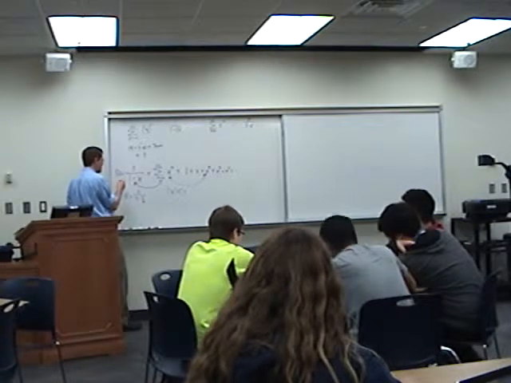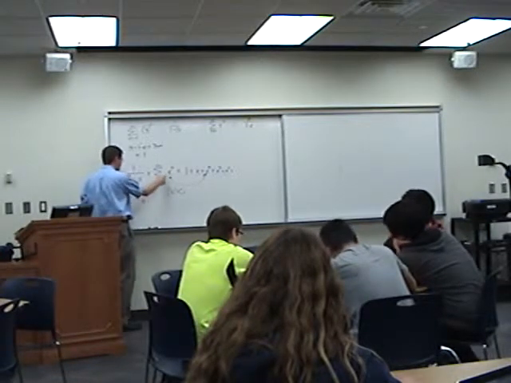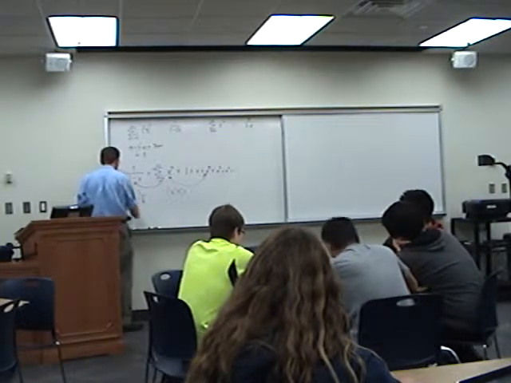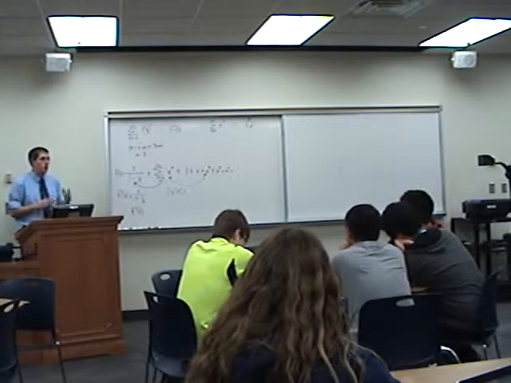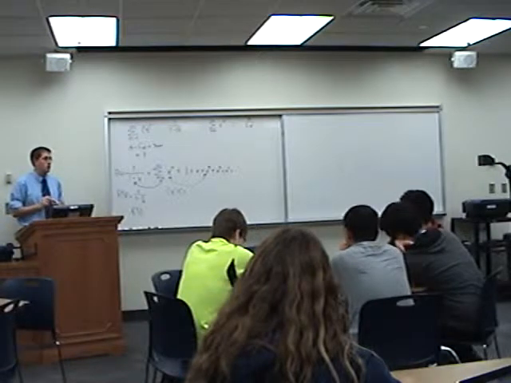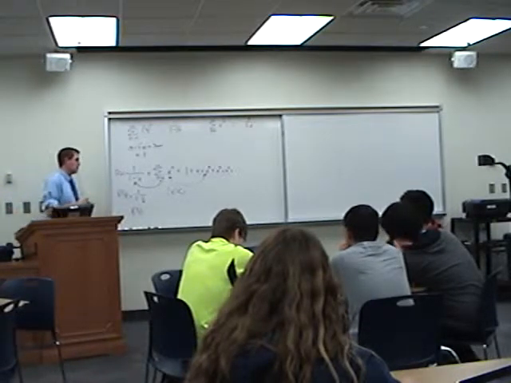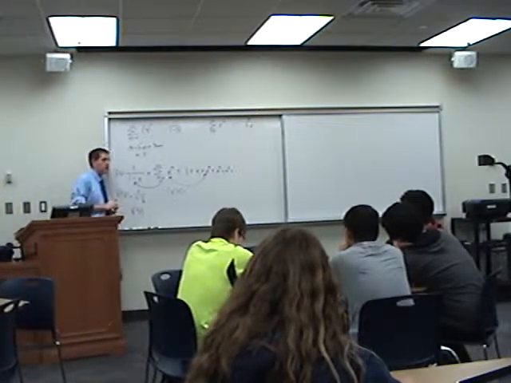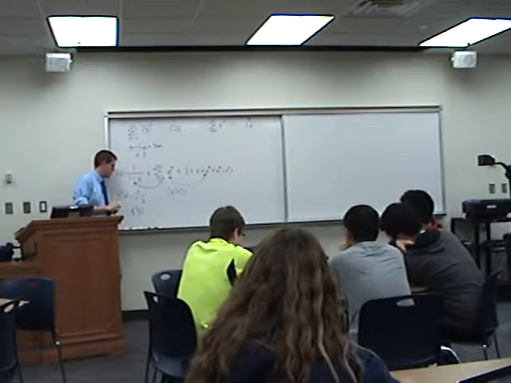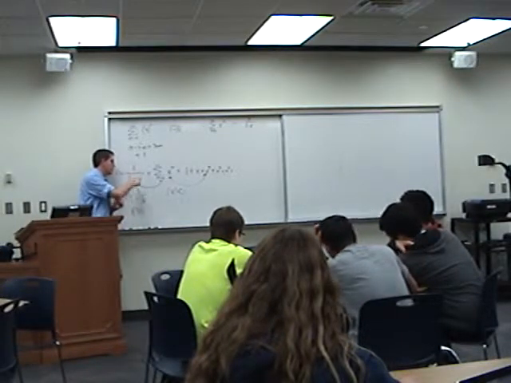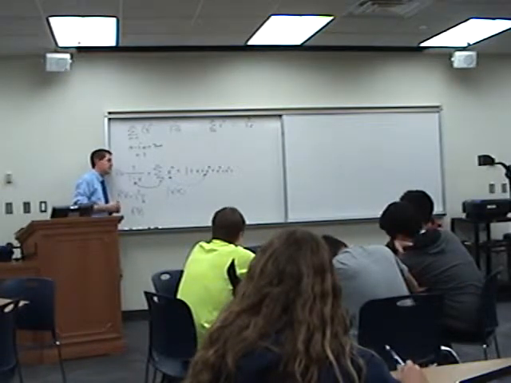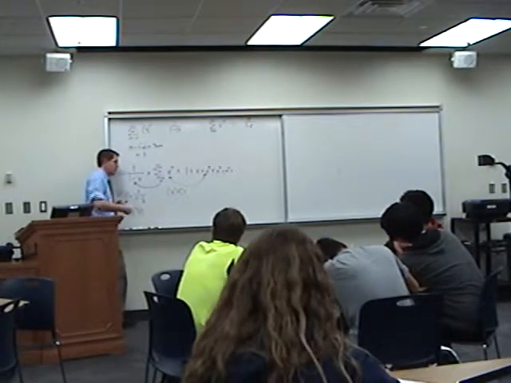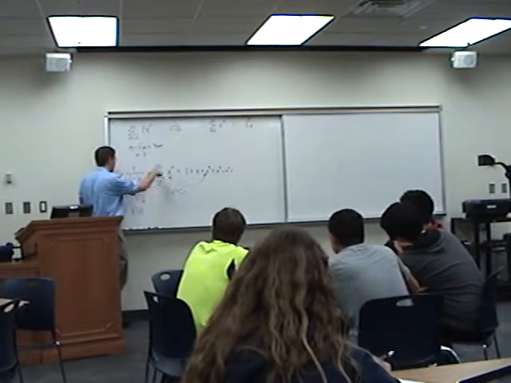But could you use the series to represent f of 2? Yes, if you change where it was centered, you could. That is correct. If you changed the center of your power series, then you would be able to do that. But as it's now written, it's not going to help you. The only time it's going to help you is if x is less than 1 for this power series.